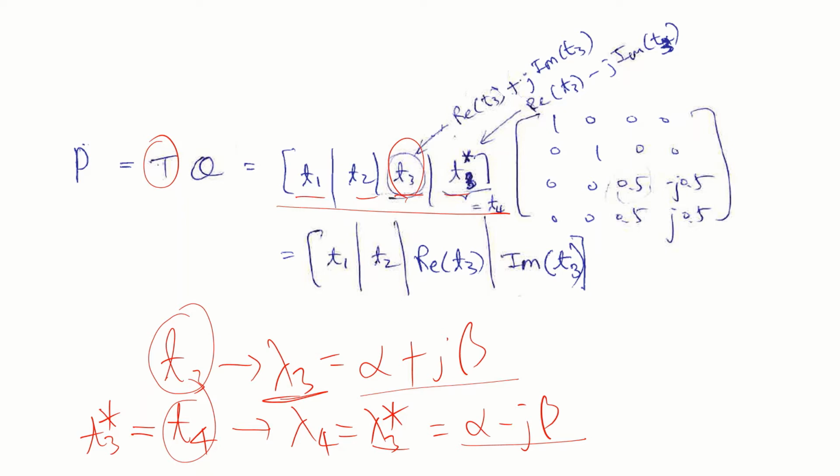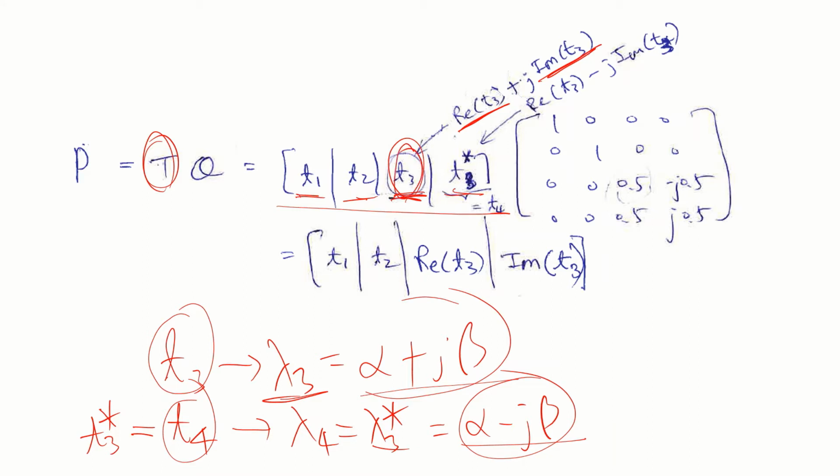So this T matrix will look like T1, T2, T3, and T3 star. And because these are complex numbers, T3 and T3 star will be complex as well. So you can split T3 into the real part of T3 and the imaginary part of T3.